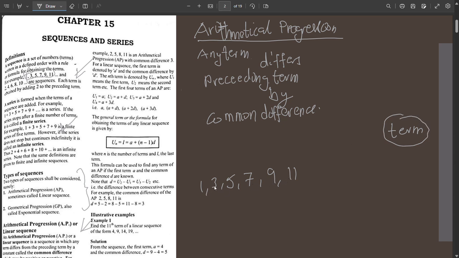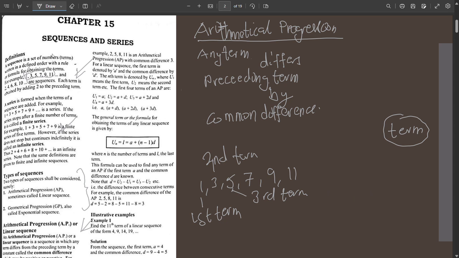And when we want to identify them uniquely, we give them numbers. So this is the first term, the second term, this is the third term, and so forth and so on.